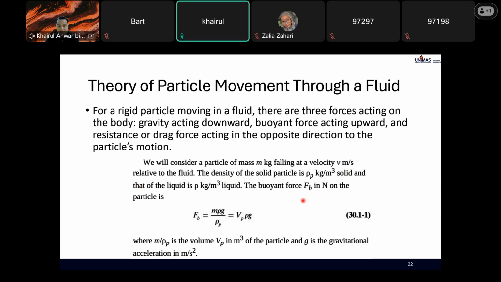The buoyant force Fb in newton is (m/rho p) g rho. So m over rho p is the volume, Vp in meter cube, of the particle. g is the gravitational acceleration in meter per second squared. So Fb equals Vp rho g.